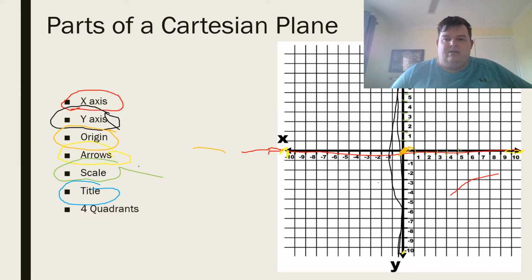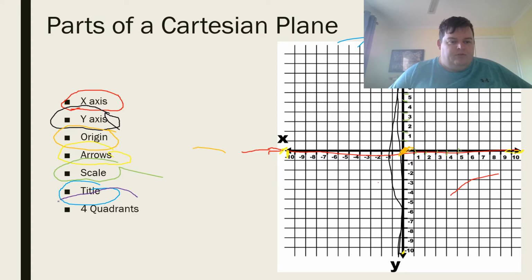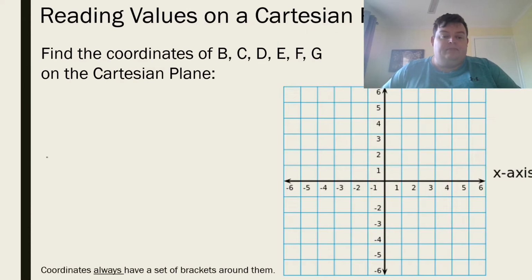This one doesn't have a title, but I suppose this is where your title would normally go. And then lastly, the 4 quadrants, these sections here. These are the 4 quadrants, and they all mean a specific thing when you're graphing in there. Right? They're the parts of the Cartesian plane.